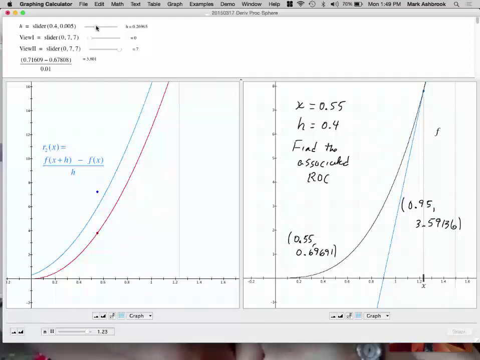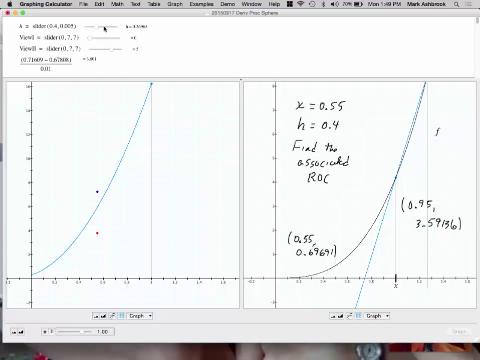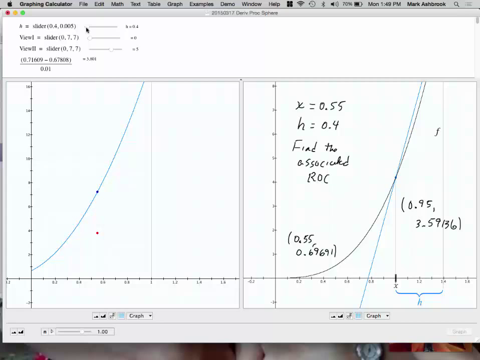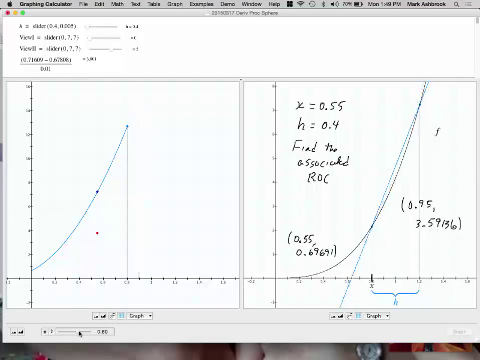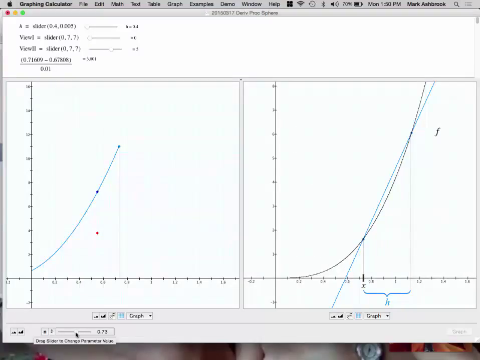Okay, and then we saw last time, so for any current value of x, what are the coordinates of this point right here, for any current value of x and any value of h? x, f of x.